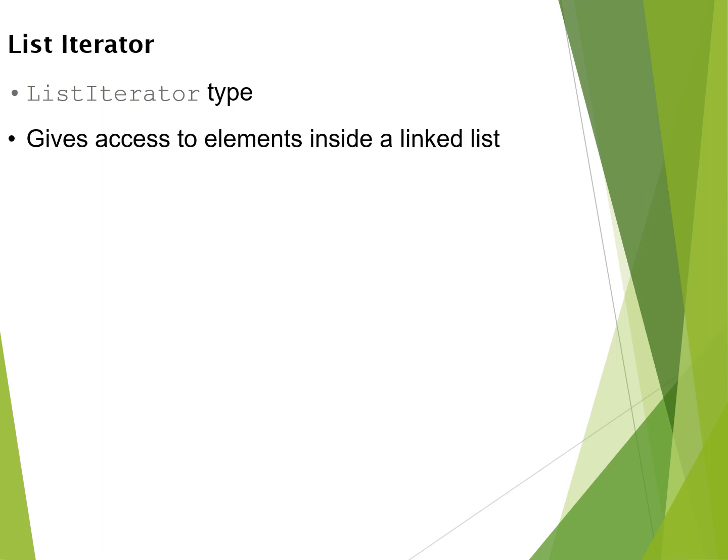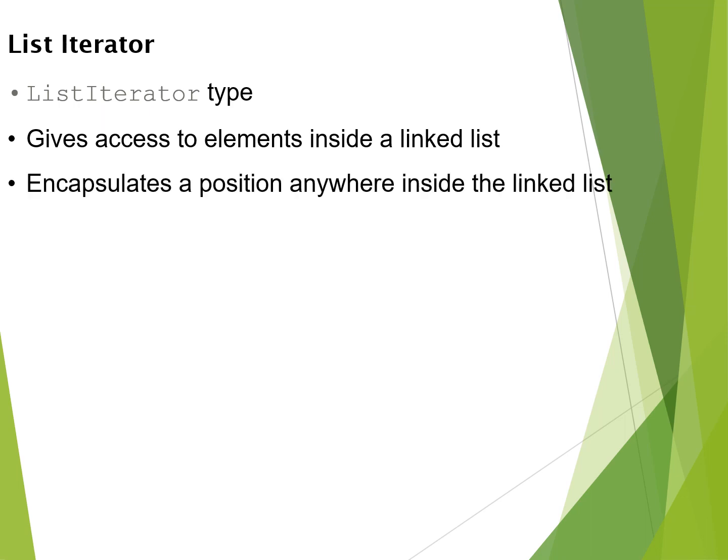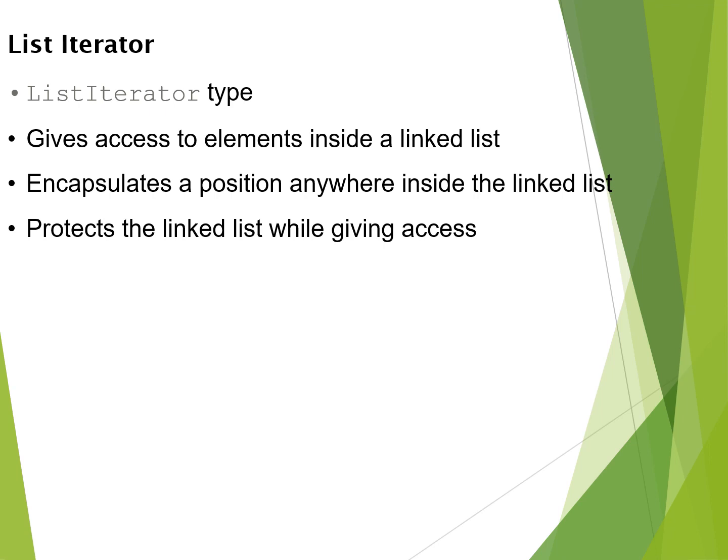And you need to know that list iterator gives access to the elements inside the linked list while protecting the linked list from being modified. So it's a safe access method to the elements of a linked list, and it encapsulates a position anywhere inside the linked list.